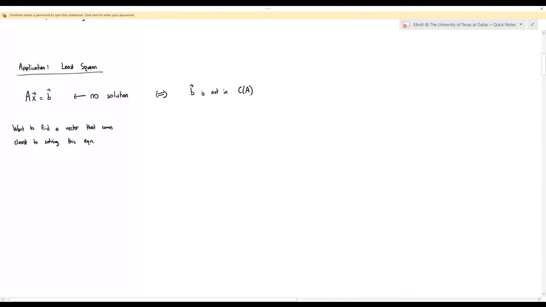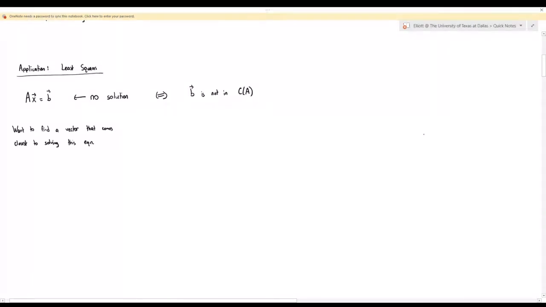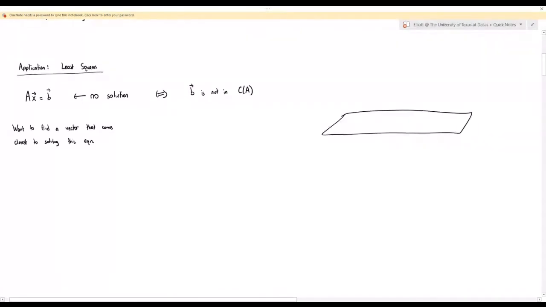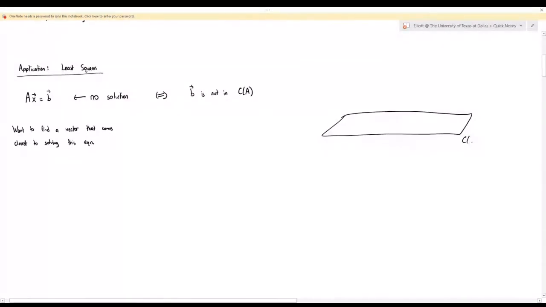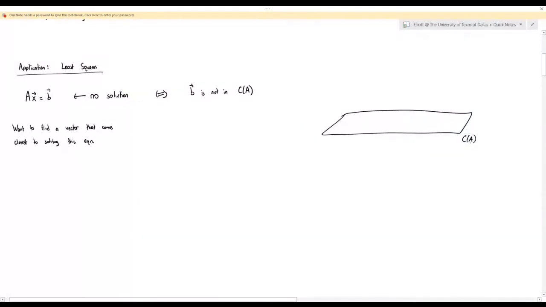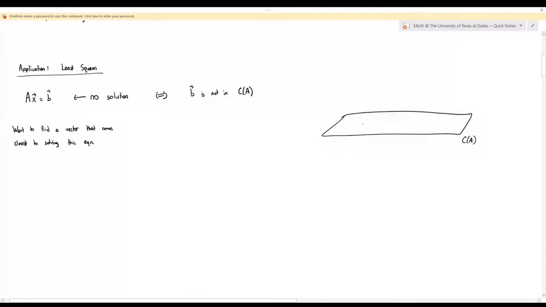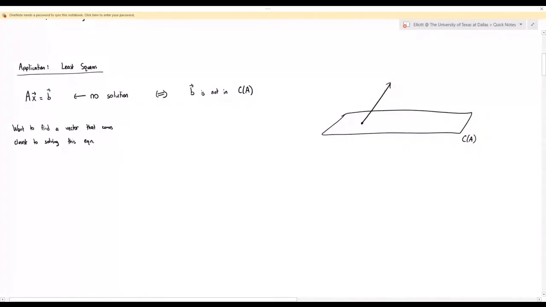So we have a picture that looks something like this, where let's say this plane represents the column space of A. And we have a vector b, which is not in the column space, so it's sticking out of it instead.